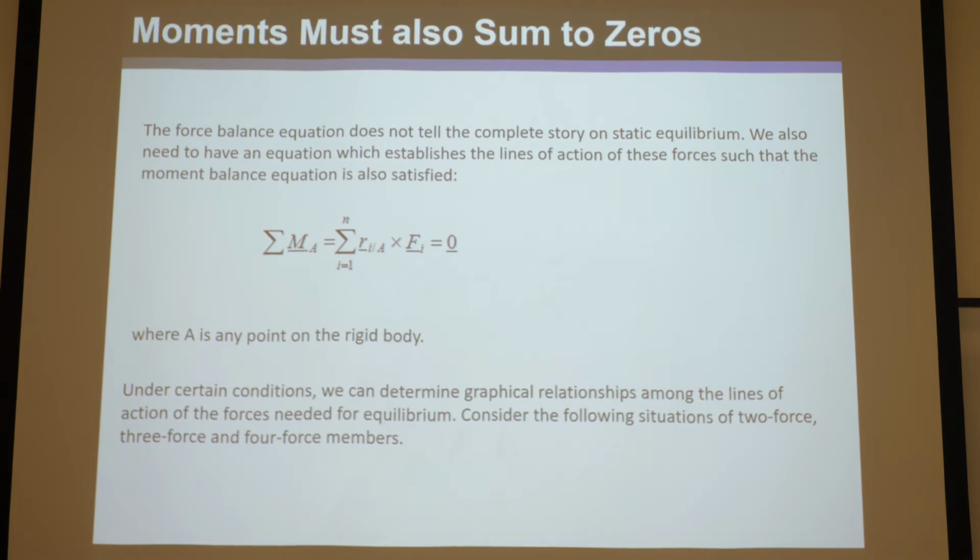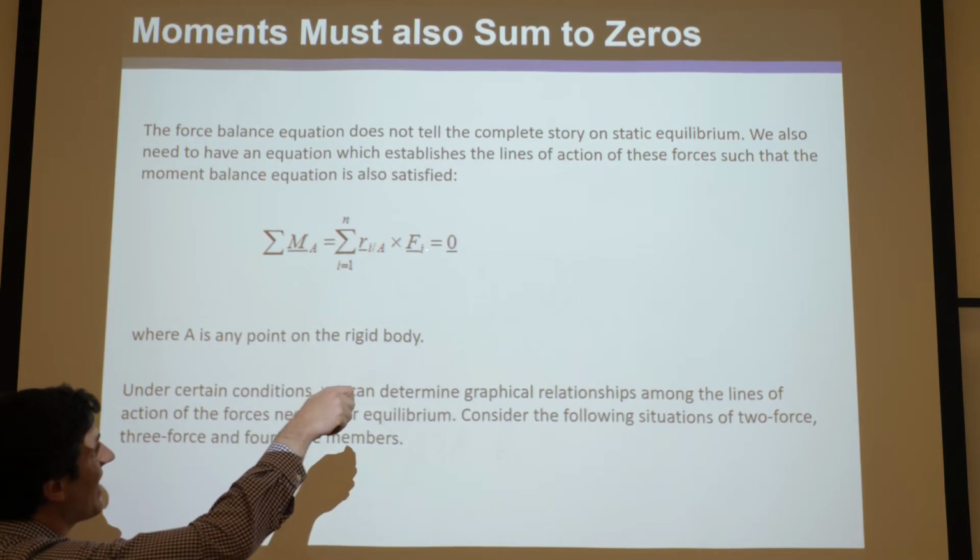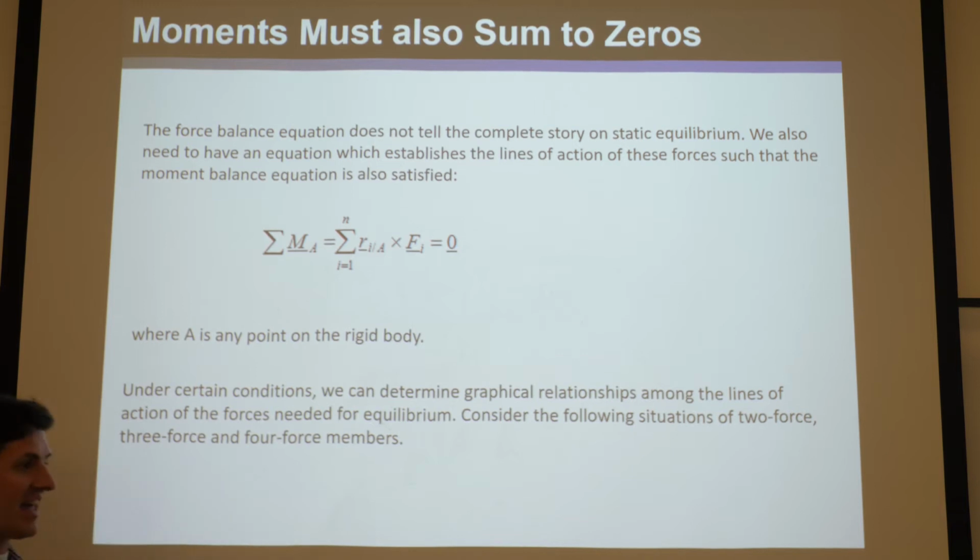Okay? All right, where A is any point on the rigid body. So remember, this points from A to I, and that's a force applied at I. Where you pick the point to take the moment about is irrelevant, because if it's static equilibrium, they're all the same and they're all 0, right?